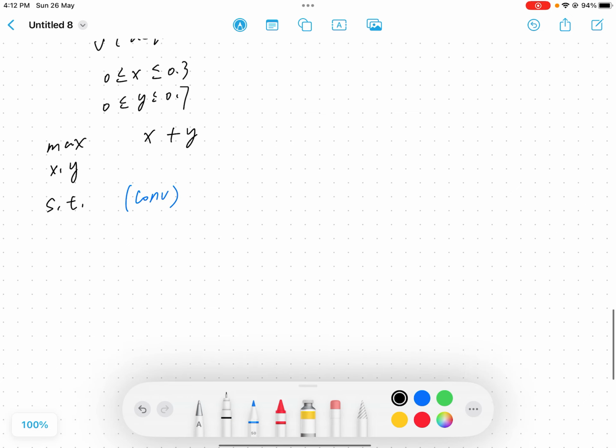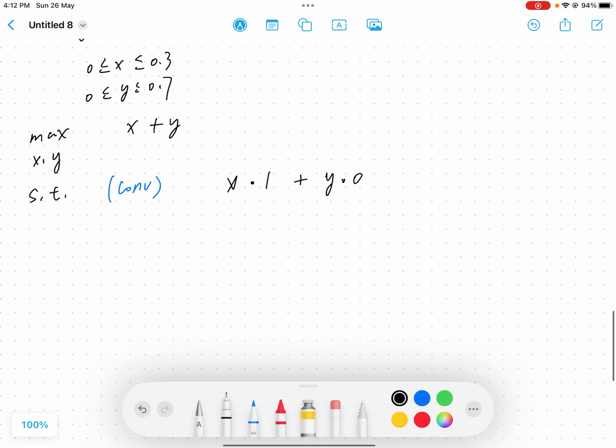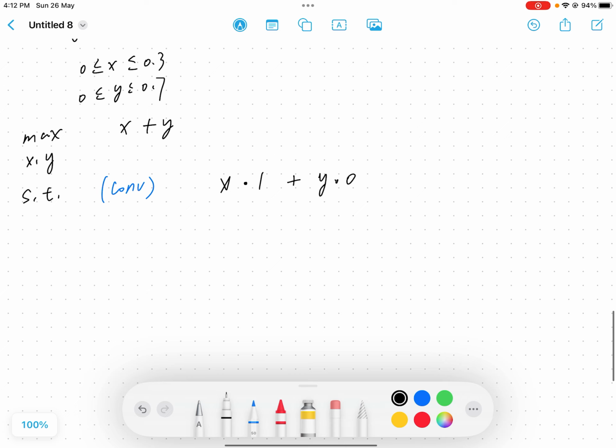For that action, we have x times 1 plus y times 0. This is the case when the judge is listening to the advice, when the action is convict.